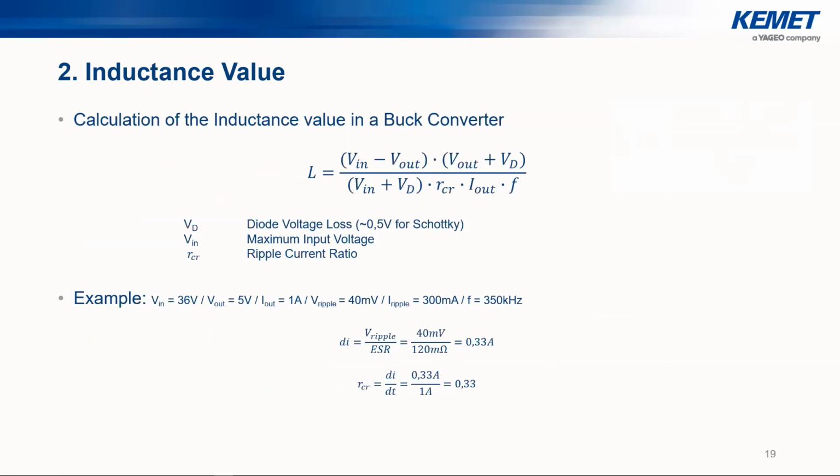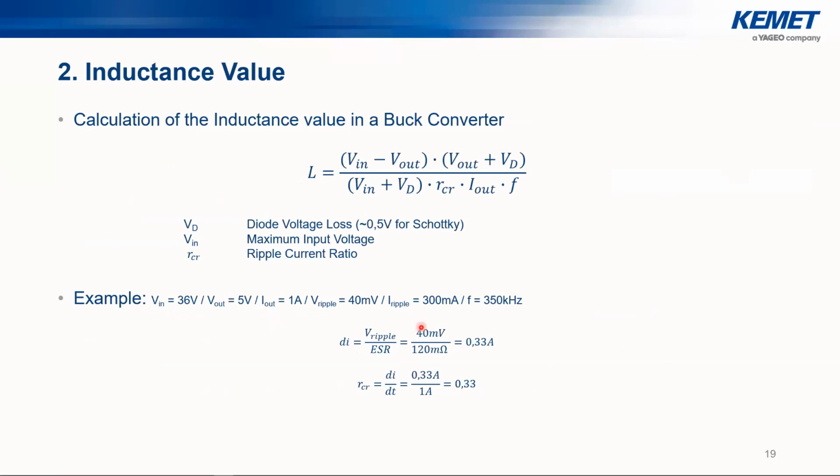Now, this formula you can get anywhere in any calculation for a buck converter. I've chosen a buck converter. For a boost converter, it's a similar calculation. Maybe you have seen this before. I take an example. Let's say we have 36 volts input voltage, and I want to have 5 volts output voltage with 1 amp.